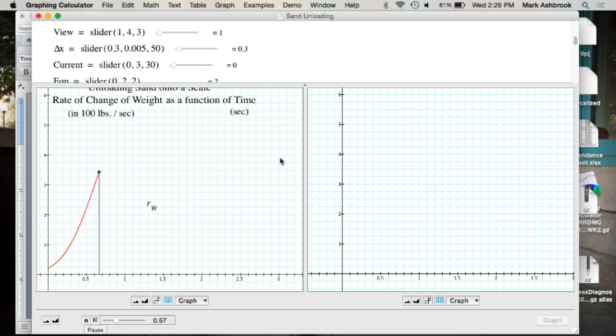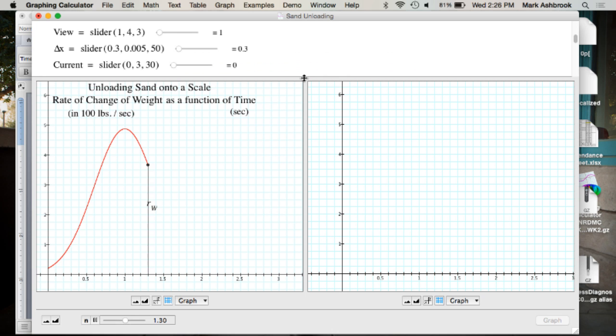Okay, so this graph is showing, we're unloading sand onto a scale, and this graph is showing the rate of change of weight as a function of time. That rate of change is in 100 pounds per second, and the time is in seconds. And what's our goal? What would our goal be in our current journey here?